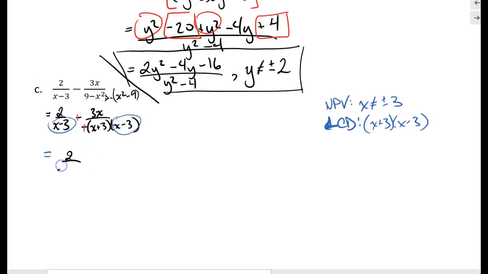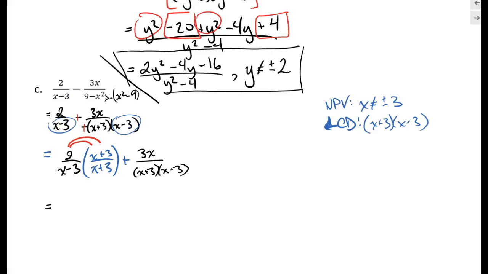So I've got 2 over x minus 3 already, so I just need to introduce the x plus 3 to this rational expression. And our second expression already has the whole common denominator, so we are good to go. 3x, x plus 3, x minus 3. Leaving us, and this time I'm just going to distribute in the same step as FOILing out my denominator.